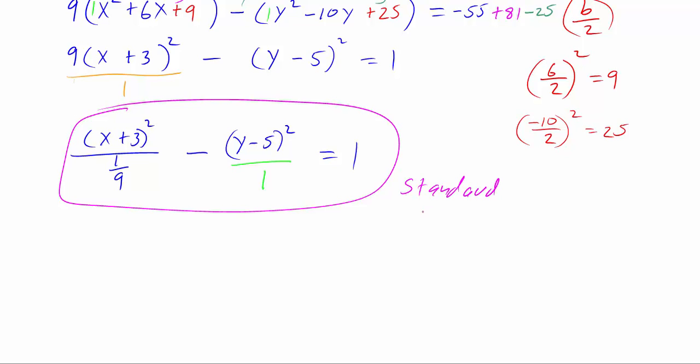And I'm not going to go through all the details here, but once we get the equation in standard form, we now can identify the center, which would be -3 and +5. And then we have our a squared is 1/9, b squared is 1. And of course, we could continue to find c squared and also the vertices and foci.